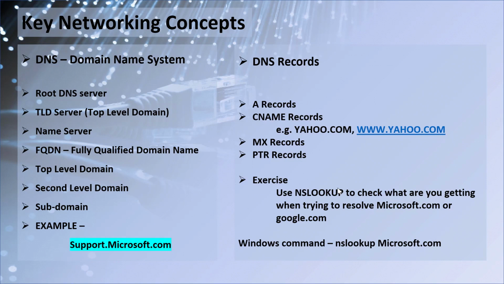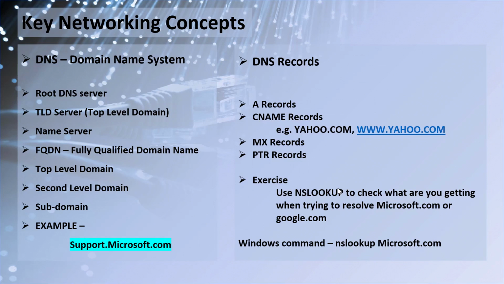That is due to the CNAME in the DNS database. Another example is yahoo.com and www.yahoo.com. When you open either one, you go to the yahoo.com site. It's due to the CNAME in the DNS system.